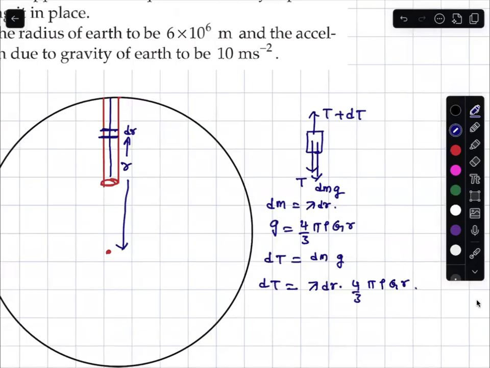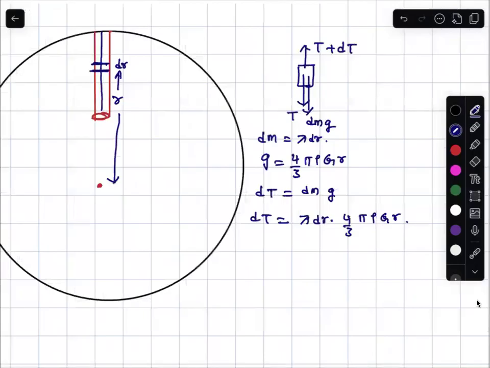Till this point, any doubt? Right. So dt is 4 by 3 pi rho g lambda r dr. Now you do integration. Can I ask you one point?